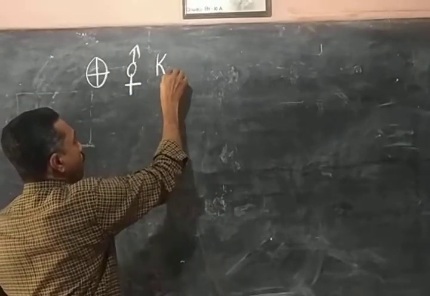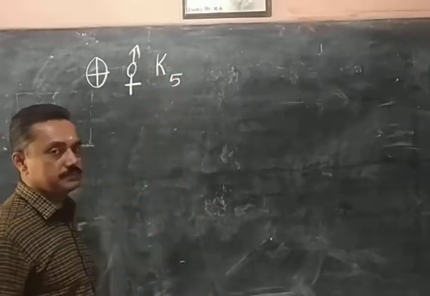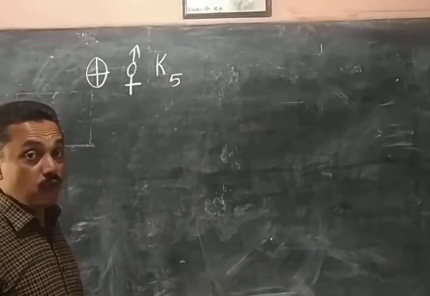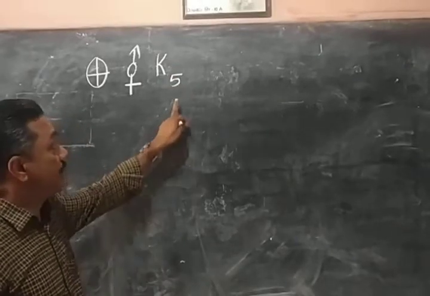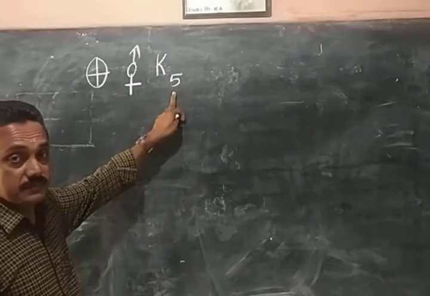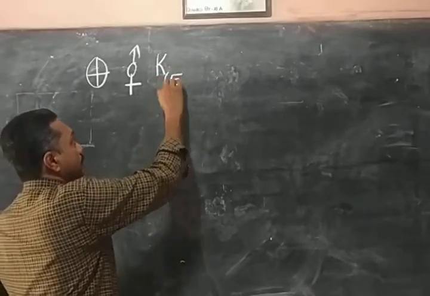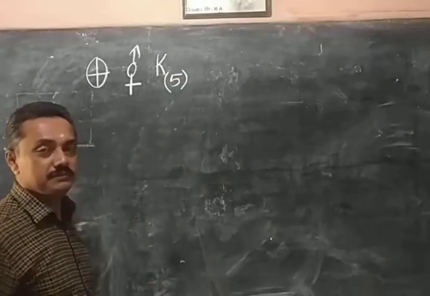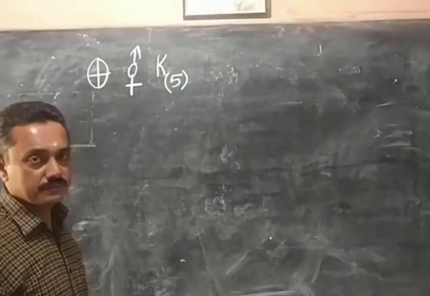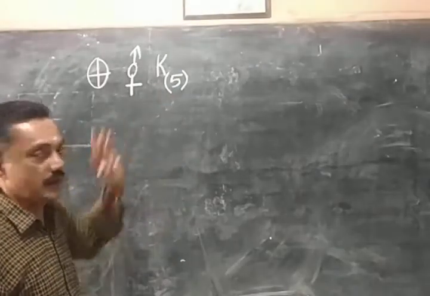Calyx made up of 5 sepals. Sepals are joined, so we draw a bracket. Gamosepalous condition.